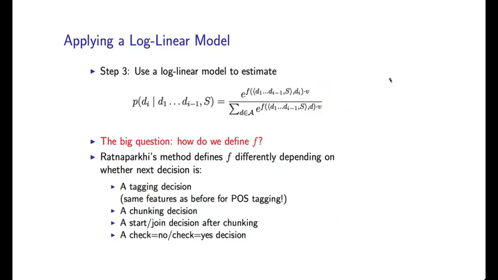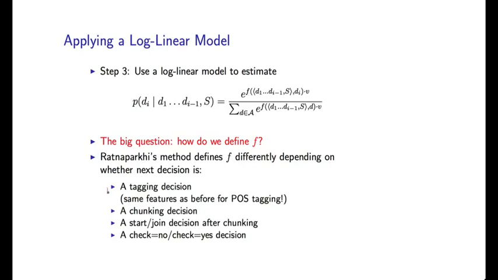So the big question is, how do we define these features f? And so I'm just going to give a brief sketch of the kind of features that Ratnaparkhi used in his particular parser. So the feature vector definition can vary depending on whether the next decision falls into the 4 different classes I've basically shown you on the previous slides.